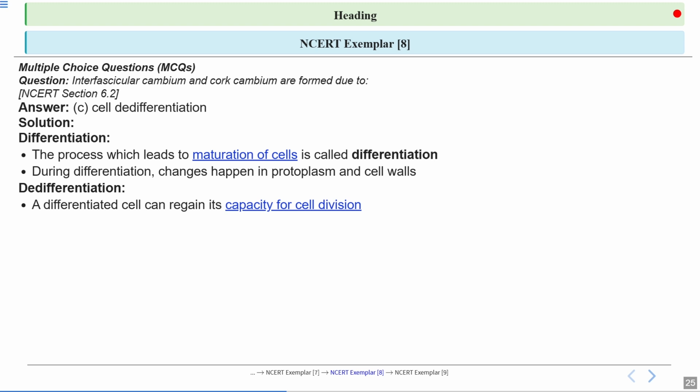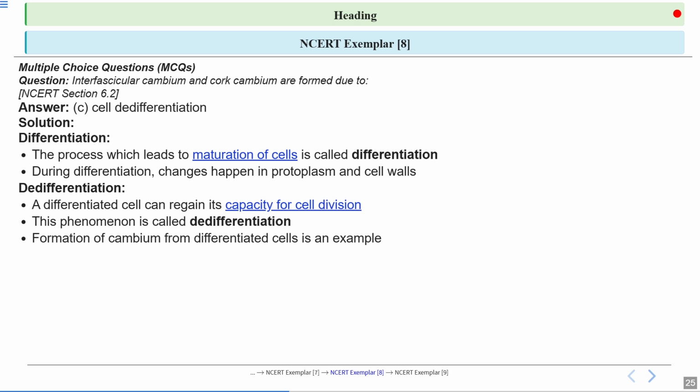That is why interfascicular cambium and cork cambium, the dead cork cells, make a comeback and form cells that can divide actively and form the secondary growth, the secondary wood.